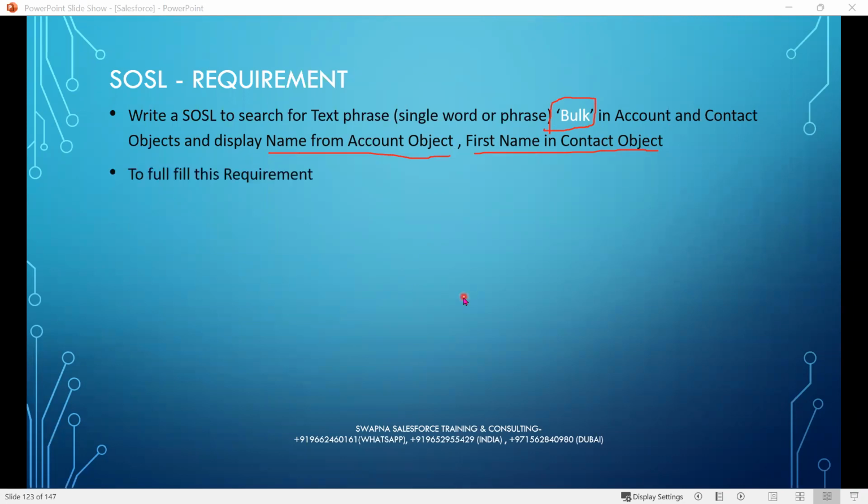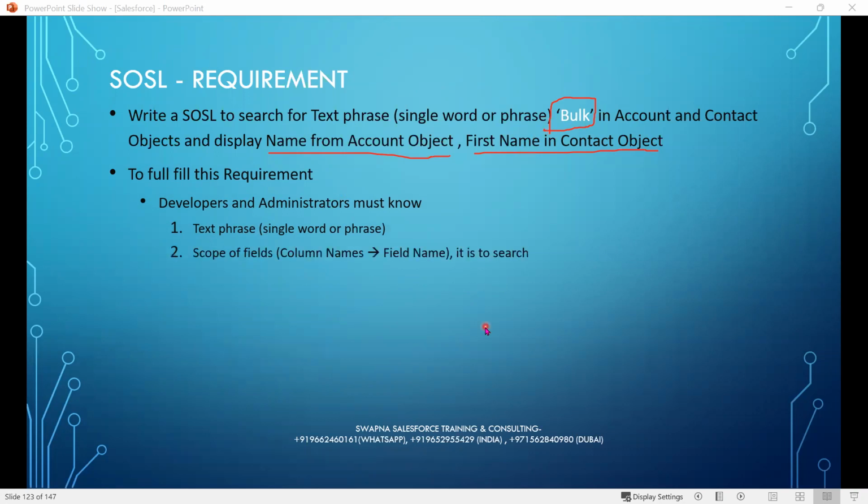So to fulfill the requirement, developers and administrators must know the text phrase. What is the text that needs to be searched? And the second thing is the scope of fields.